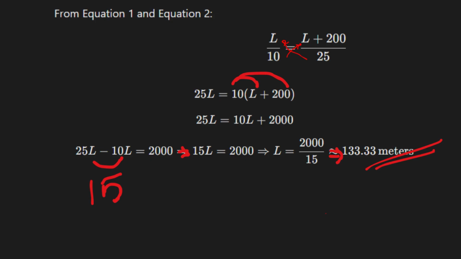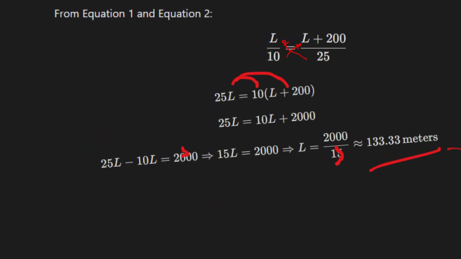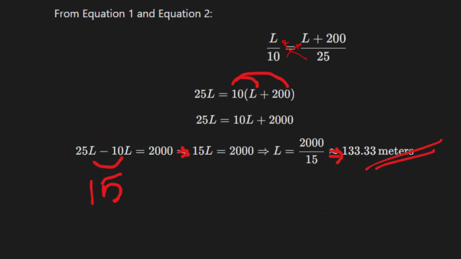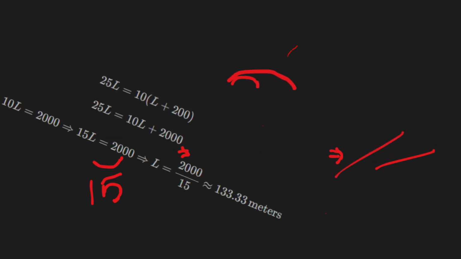If we further simplify this, 25L minus 10L is equal to 2000. 25 minus 10 is 15, so 15L is equal to 2000. If we put this 15 as denominator, L is equal to 2000 by 15. We got an output of 133.33 meters.